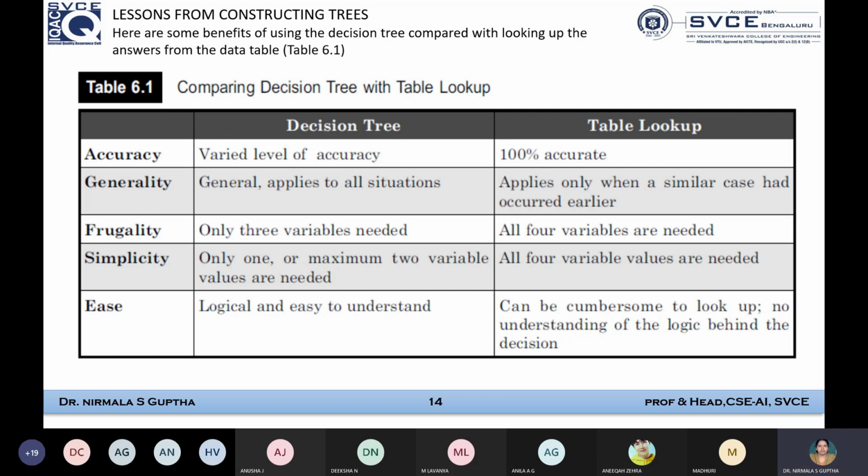There are two approaches to avoid overfitting: one is pre-pruning and the other is post-pruning. Pre means previous, in advance. Pre-pruning means to halt the tree construction early when a certain condition is met.